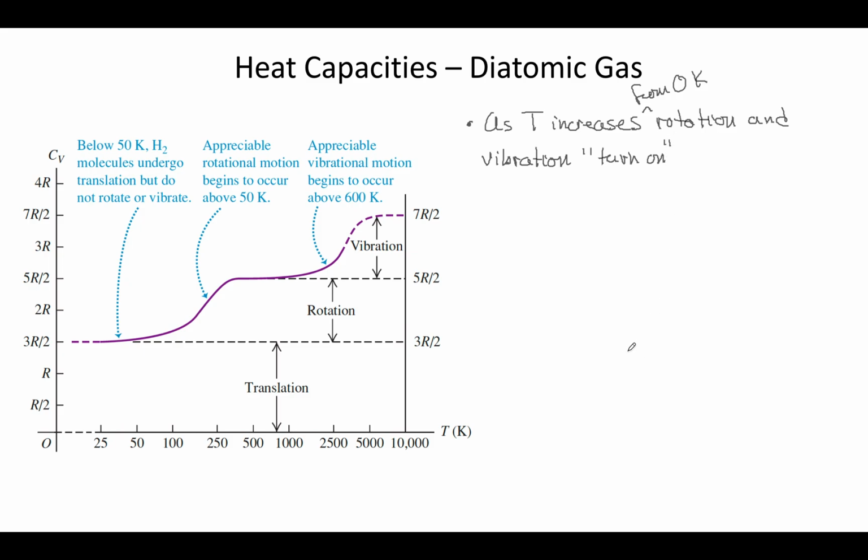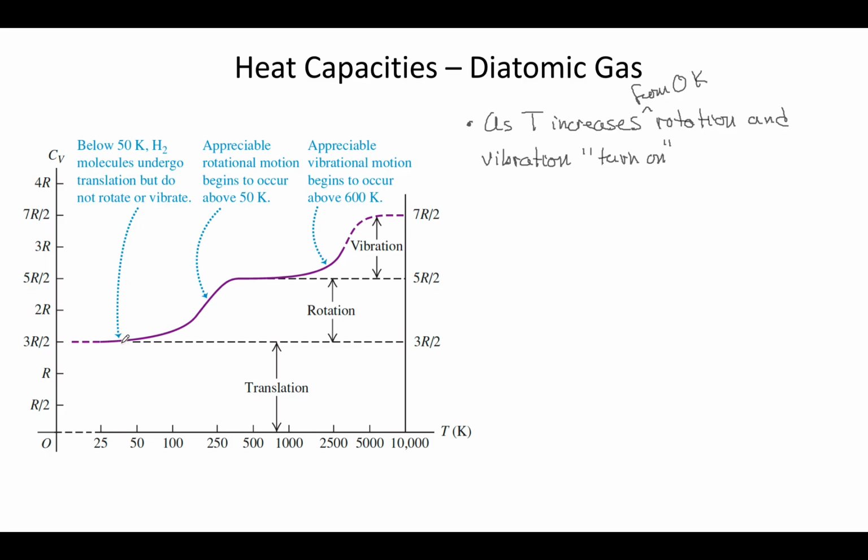So experiment shows that at temperatures, right, so what is room temperature? Room temperature is about 300 or so. And so at 300, well, let's just go back. Experiment shows that if you start at 0 degrees or very cold and you start measuring the specific heat of a diatomic gas, it's going to be 3/2 R if you're below about 50 Kelvin.